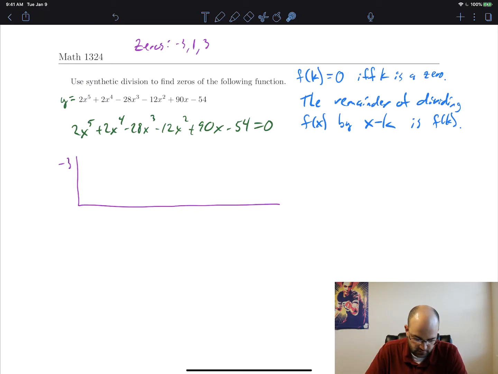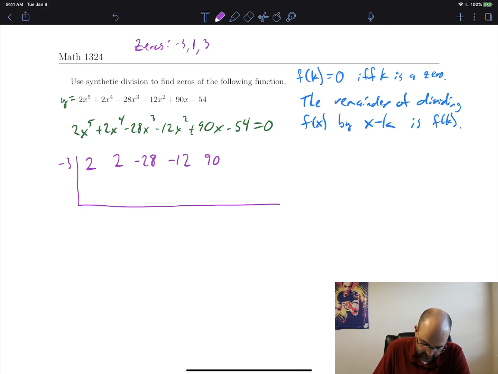And then I'm going to use coefficients of every single one of the degrees. So we start out with the 2 for the 2x to the 5th, the 2 for the 2x to the 4th, and then -28, then -12, then 90, then -54.